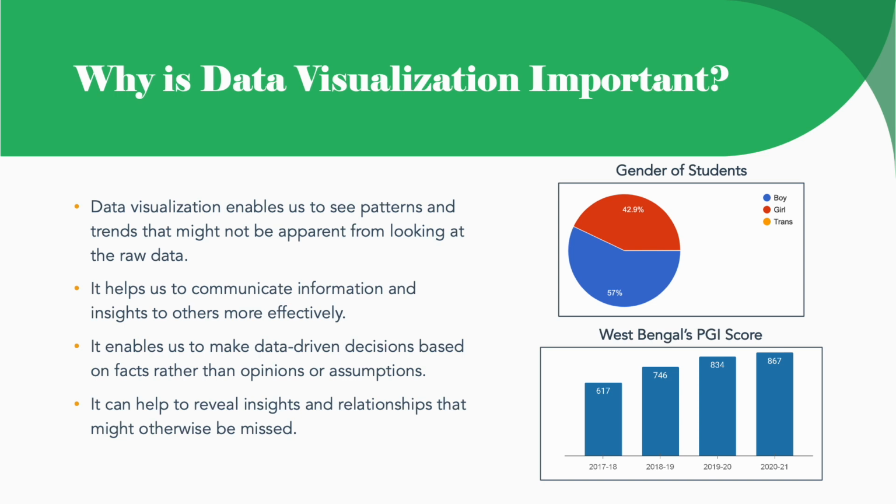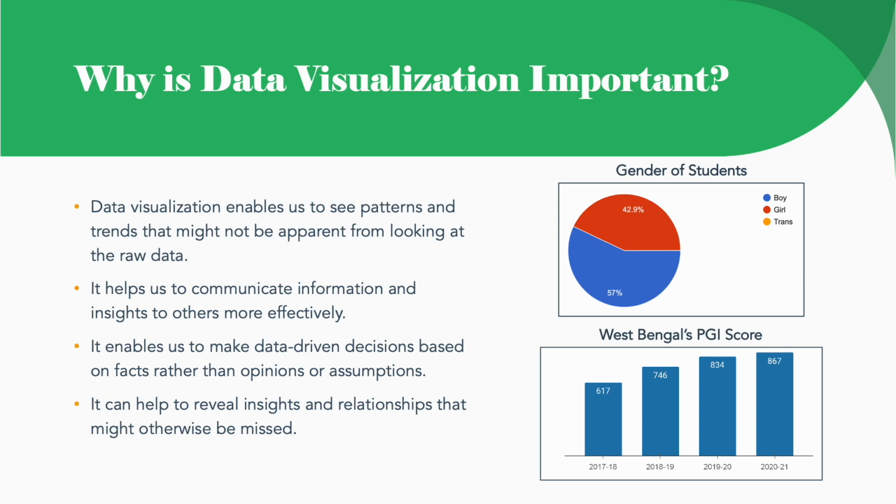That doesn't mean that there are zero. The raw data will tell us how many trans students actually are. But instead of just going with the assumption that you have 50% boys and girls, when you look at actual data, you can very clearly see that the percentage of boys is significantly more than that of girls. So you are not driven by opinions or assumptions, you're driven by facts. That is the value of data visualization.